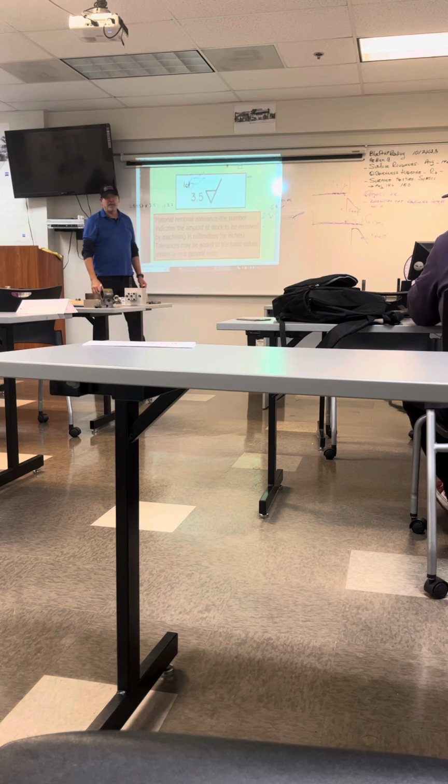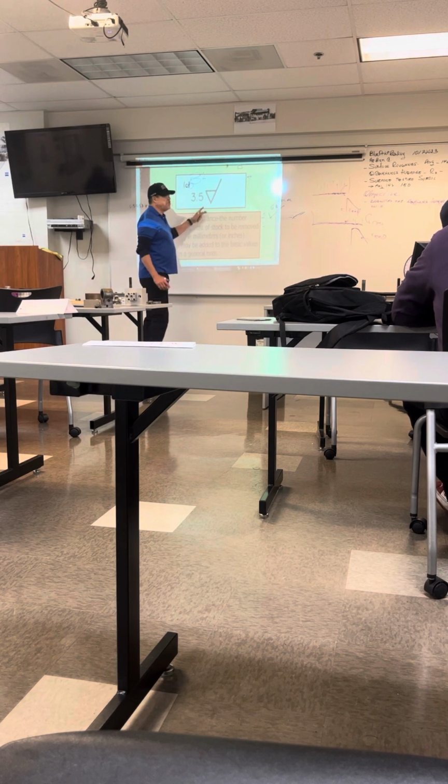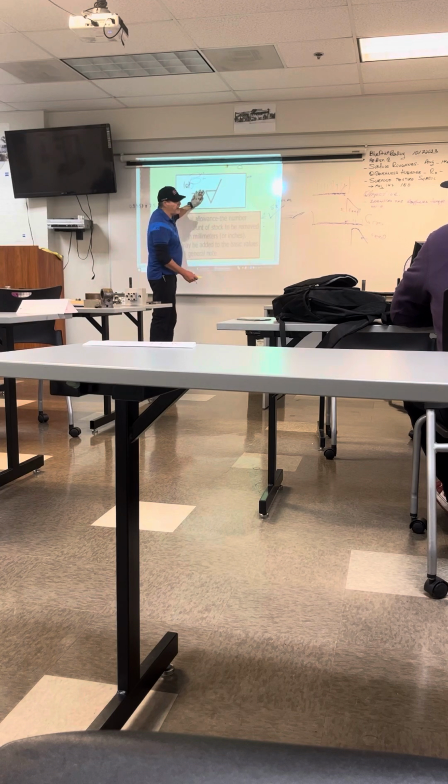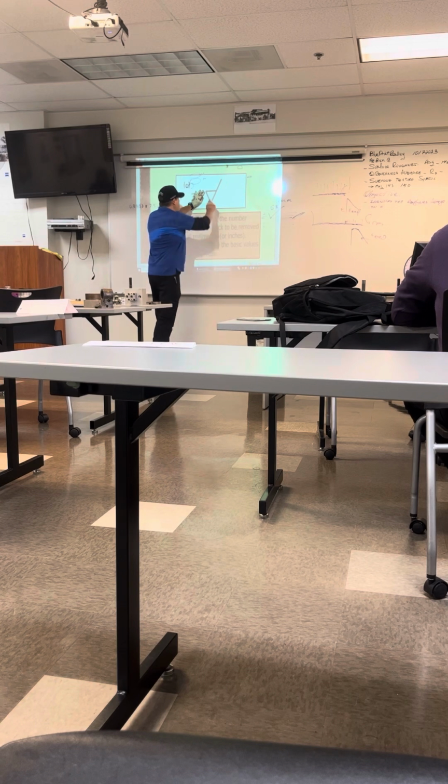Does that make sense? Look at in here in your book. You have one without this number in front. That indicates what? You read that, Antonio? The one without the number.